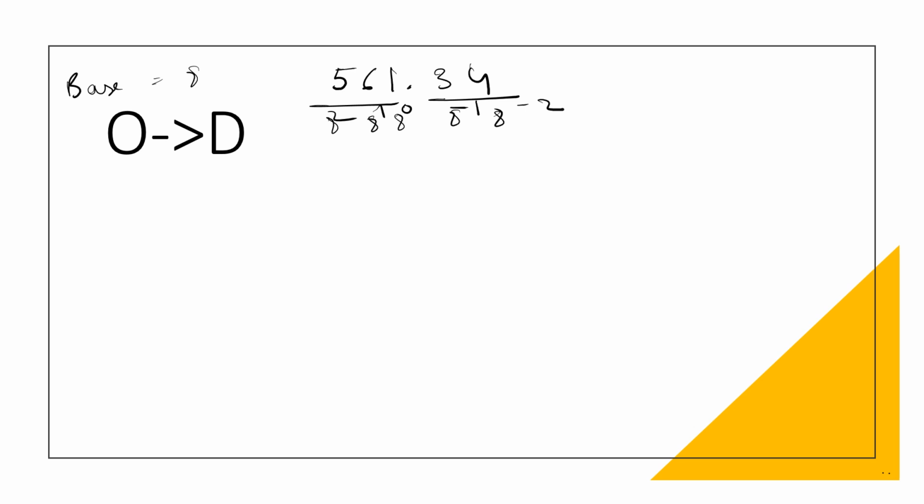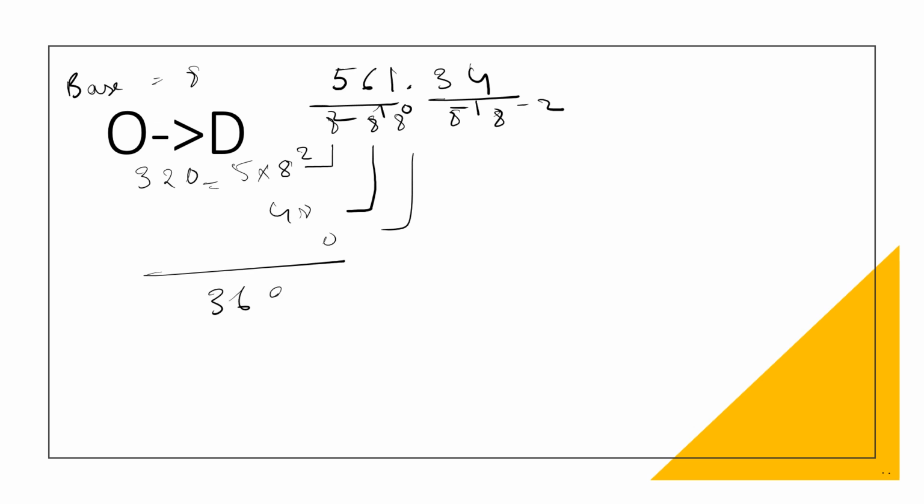So now this will become 8 to the power 2 into 5, which is nothing but 320. This will become 48, and this is 1. So the addition for this is 369.